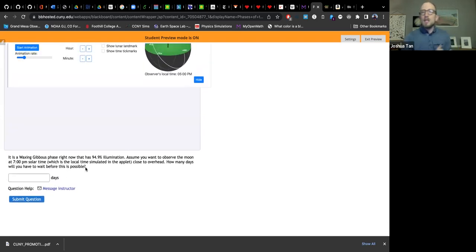And one of the interesting things about this question number 9 is that this question looks at what time you're doing the assignment. And it looks at the day, and it actually is figuring out what the proper phase of the moon is. This is actually the phase of the moon right now. It's a waxing gibbous at 94.9% illumination.